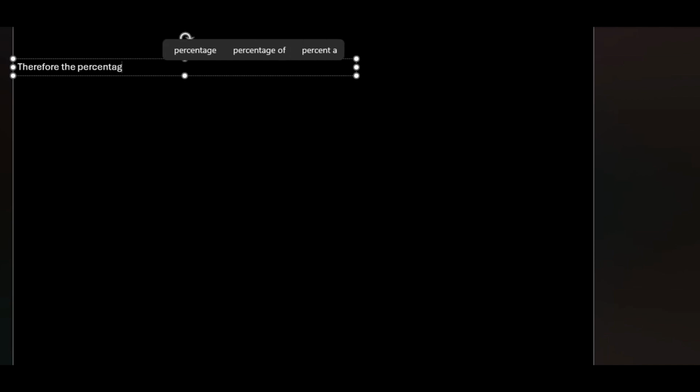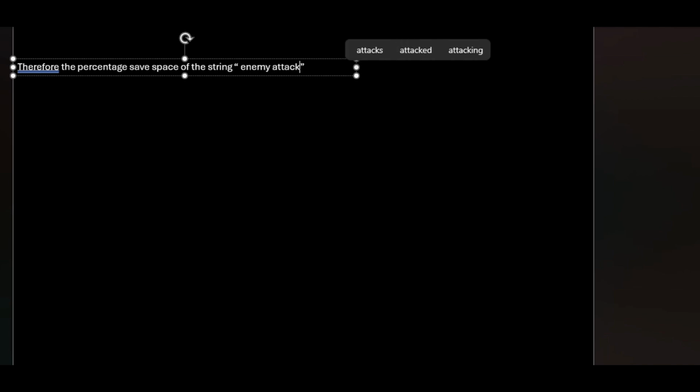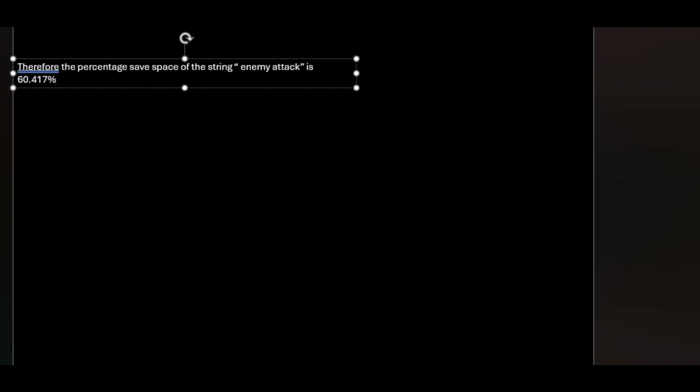So the percentage saved space of the string enemy attack space attack is 60.417%. Yes, so this is our final answer, or you can round it to the nearest decimal place, so you have 60.42%.